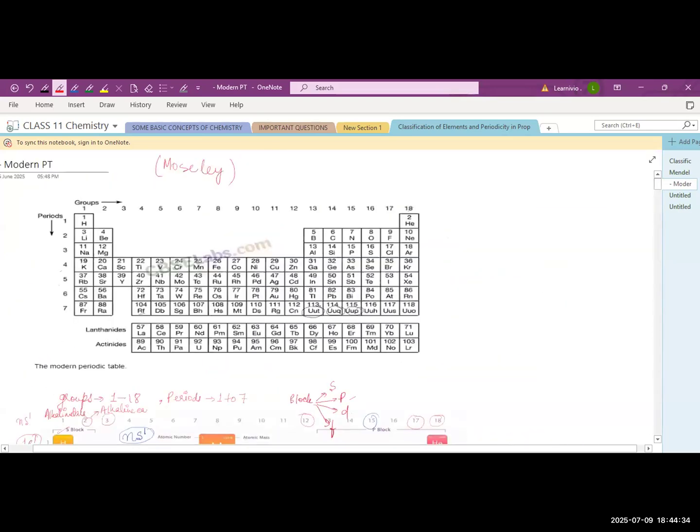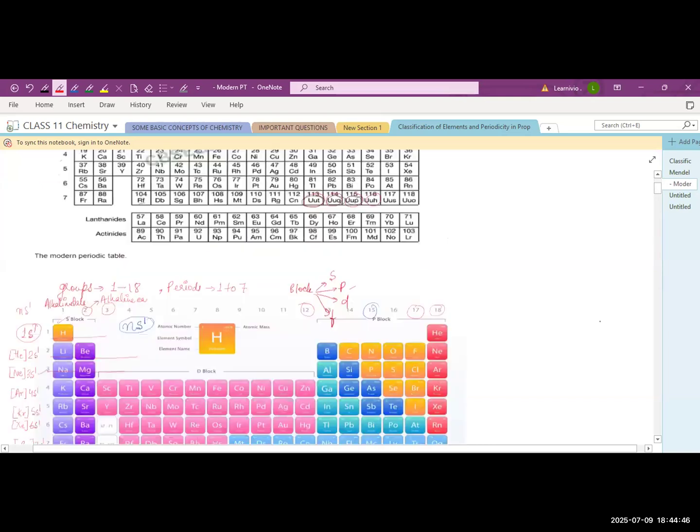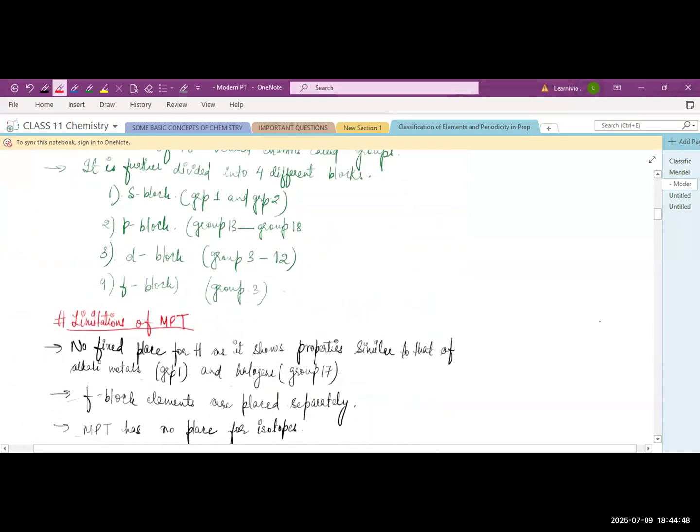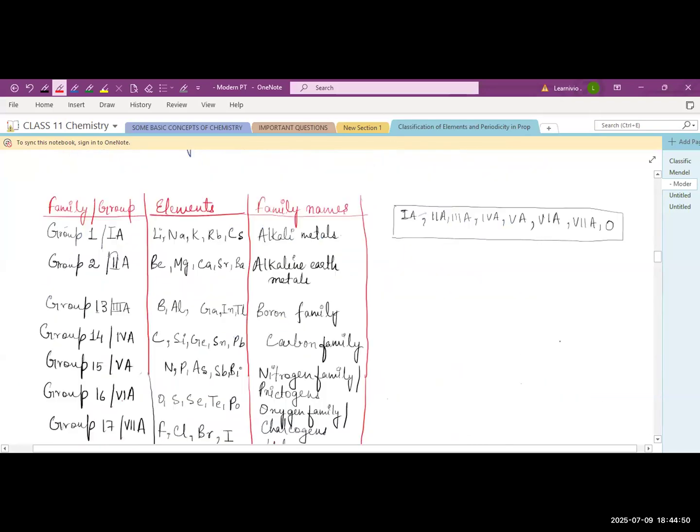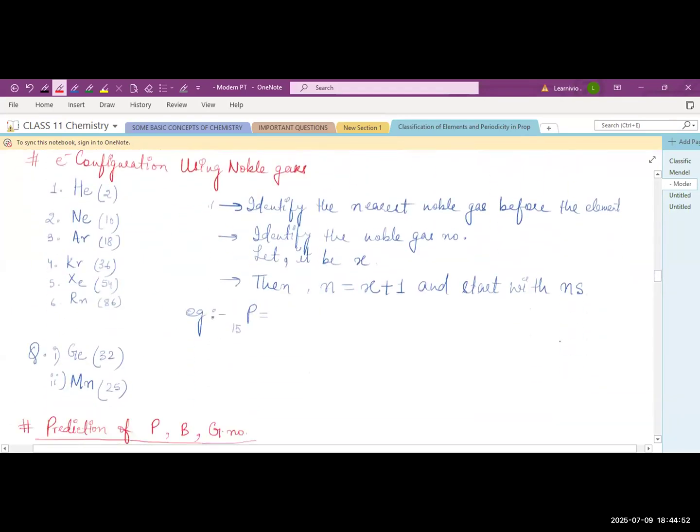See this: 113, 114, 115, 116. इसे ऐसे name दिया गया है according to this nomenclature, right? But after that, the name has been changed. Name उस scientist के according दे दिया गया, जिस scientist ने उस element को discover किया था.